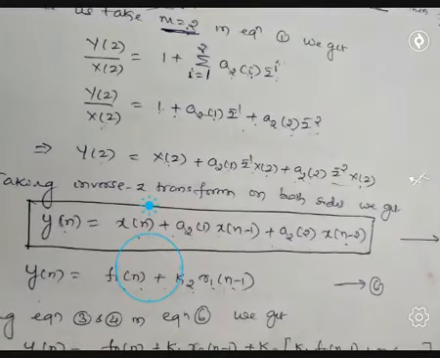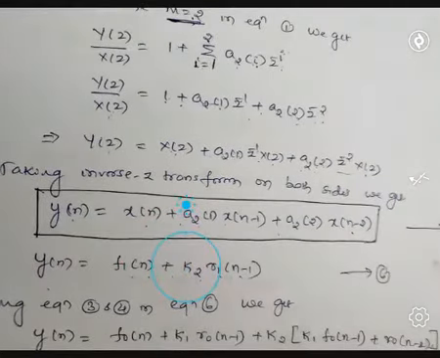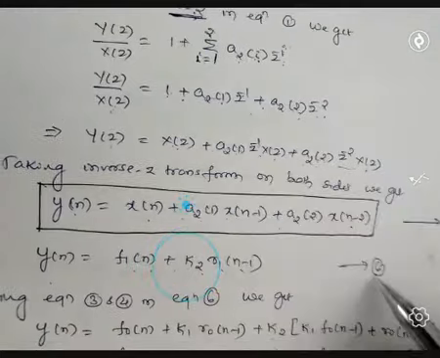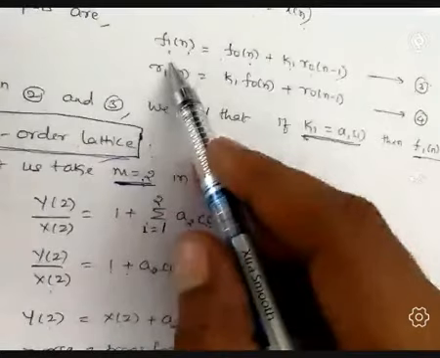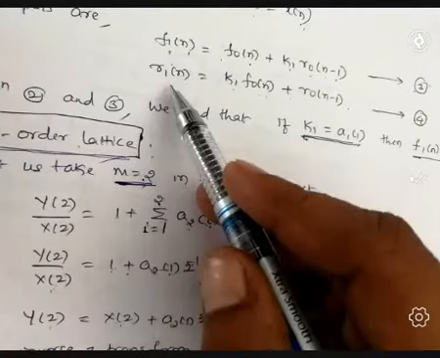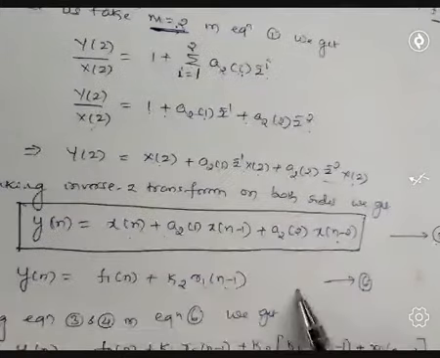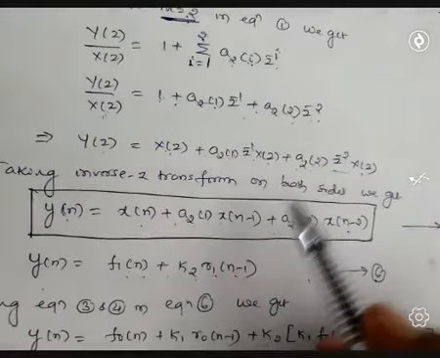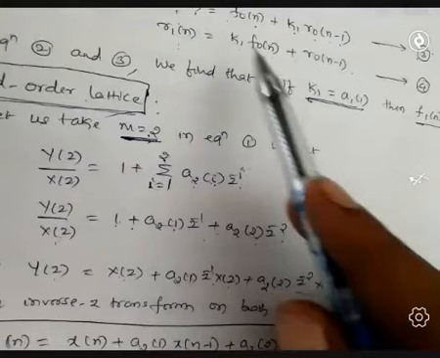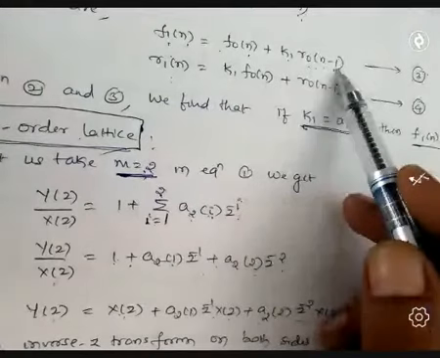Already we calculated equations 3 and 4. We are going to substitute these two equations in equation 6. What is equation 3? That is f1 of n. And what is equation 4? r1 of n. So those equations I am going to substitute in equation number 6. F1 of n is F0 of n plus K1 into R0 of n minus 1.